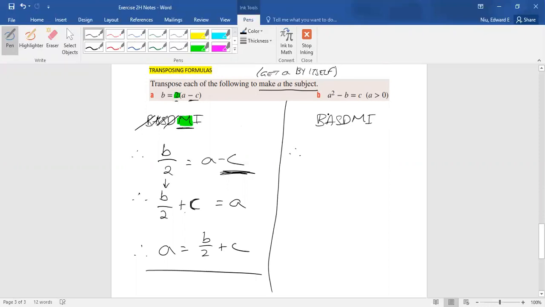have we got any brackets? No. Have we got any addition terms? No. Have we got any subtraction terms on the A side? Yeah, we do. All right, so the subtraction term we're looking at here is the negative B. Okay, so what we have to do is get rid of that first.